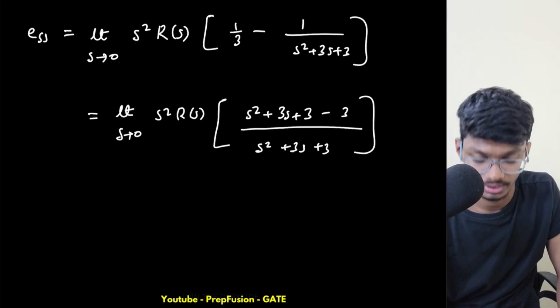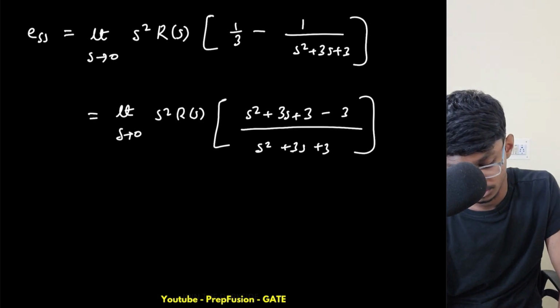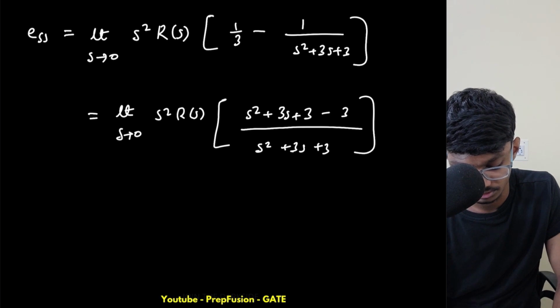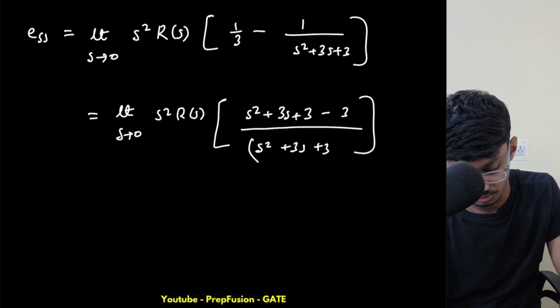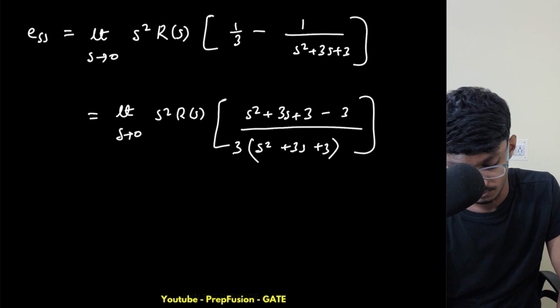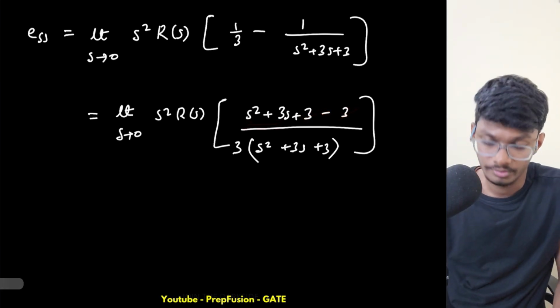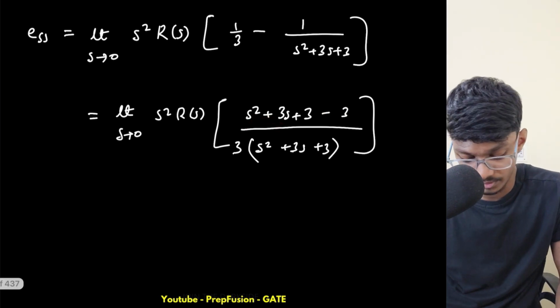So this is what I get. Now this one will get cancelled. That's why 3s plus 3, and here I have a 3 also. If this one gets cancelled, I am remaining with s square plus 3s.